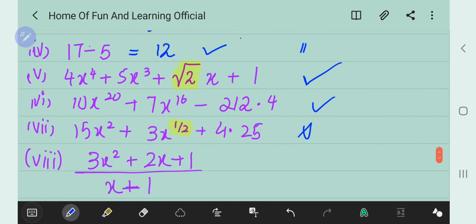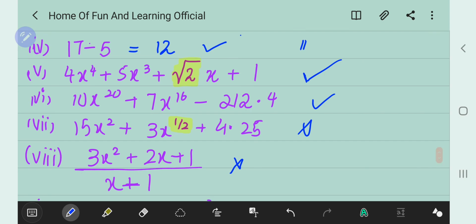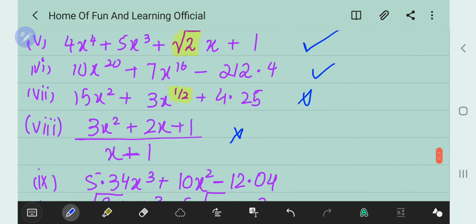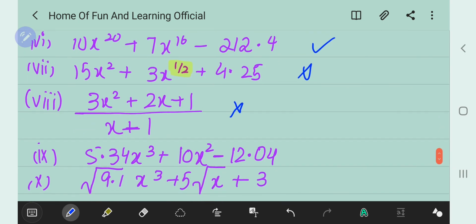This is obviously not a polynomial, as we saw above. It's a rational function, so it's not a polynomial. It has asymptotes and discontinuities in the graph. And these last two: this is a polynomial.